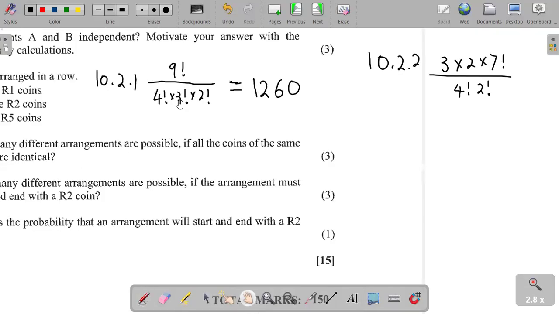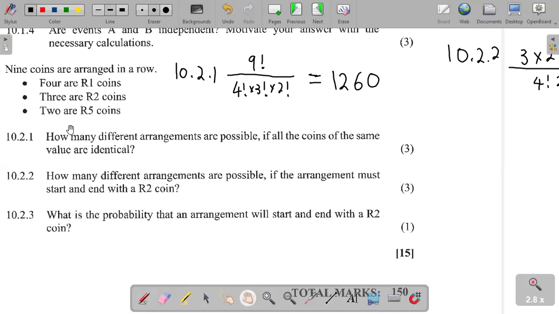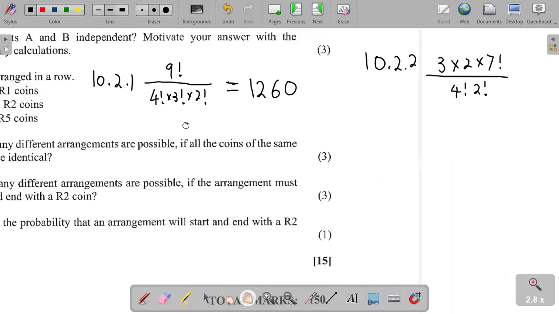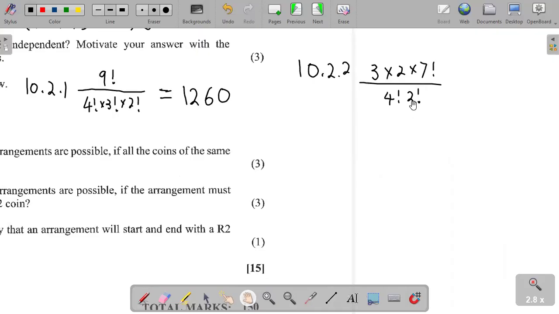Because for the 2 rand coins, we can't say 1 factorial here because it's going to be 1. So the 3 here becomes 1 factorial because the 2 rand coins are 3. So if we take out 2, we're going to have 1 factorial here. The 1 factorial, we don't show it because it's not going to make a difference.